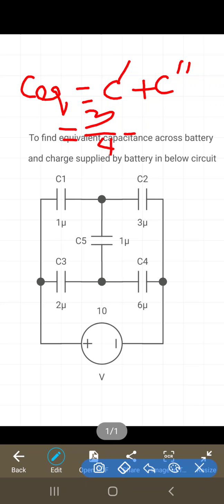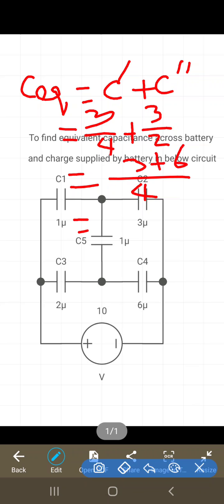Take LCM 4, so 3 plus 6, that is 9/4 microfarad.